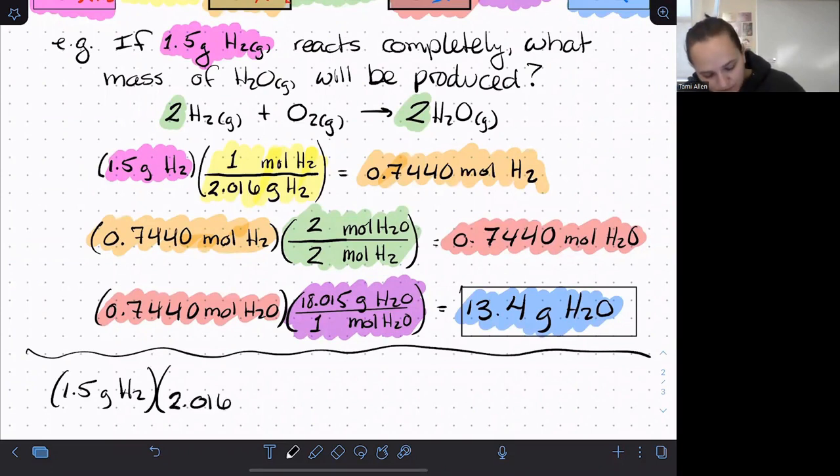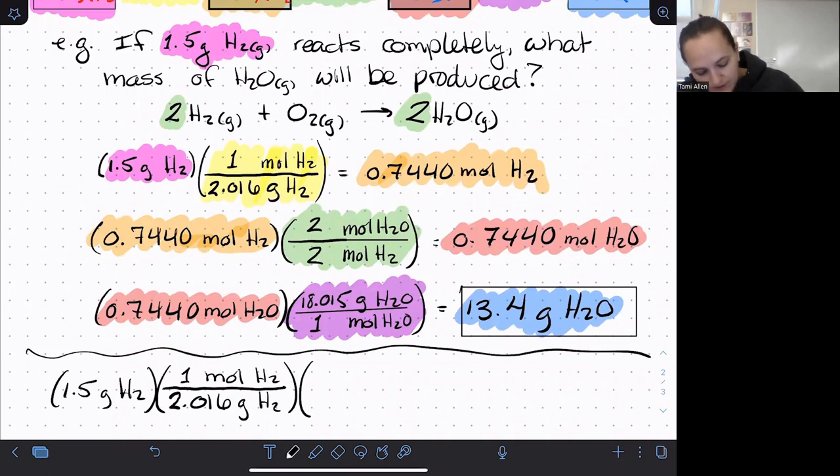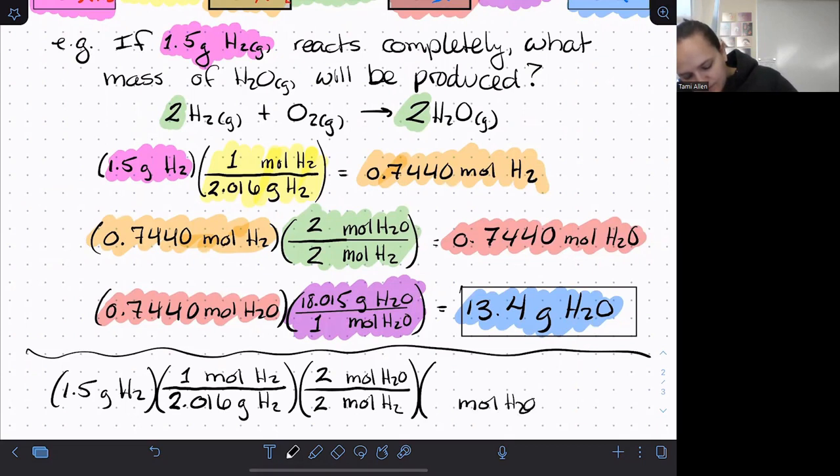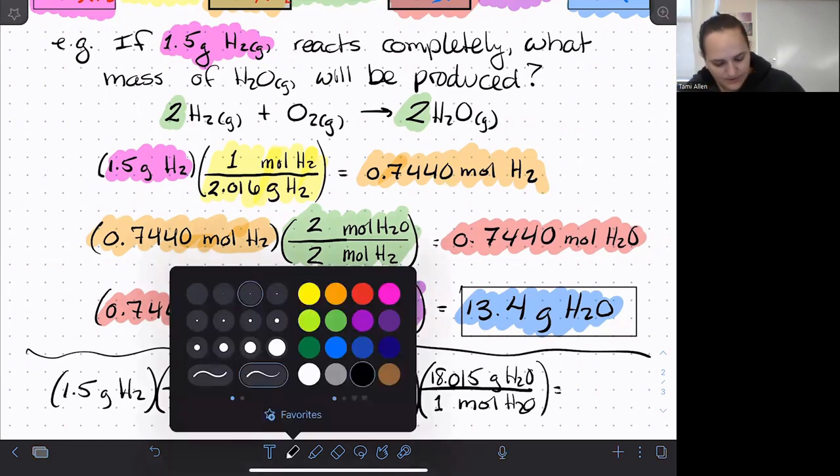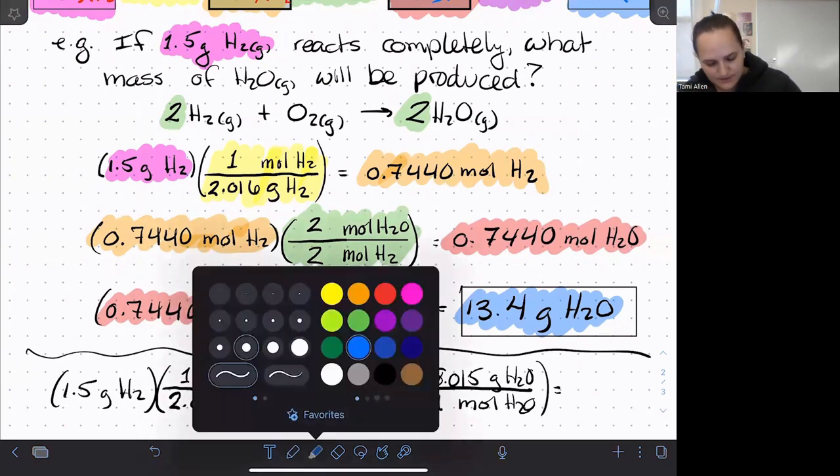We know that we need to convert grams to moles, so we divide by the molar mass, and then we need to convert moles of H2 into moles of H2O. So we use the mole ratio of 2 to 2, and then we need to convert moles of H2O to grams of H2O using the molar mass.